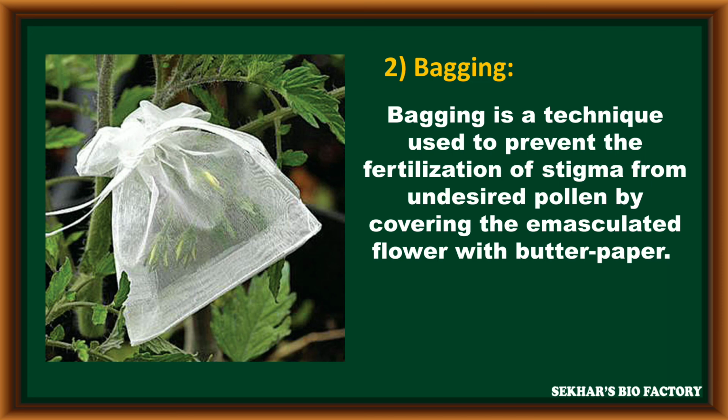For this, the emasculated flower is covered with a bag made up of butter paper. This butter paper allows gas exchange. This process is called bagging. The main intention of bagging is to avoid contamination or pollination with another flower.